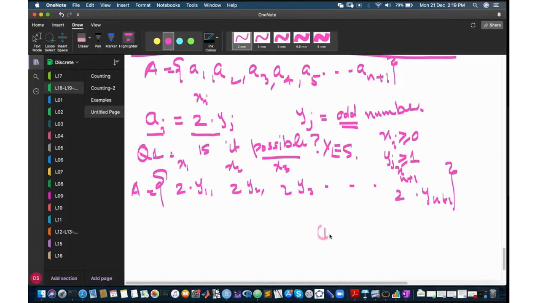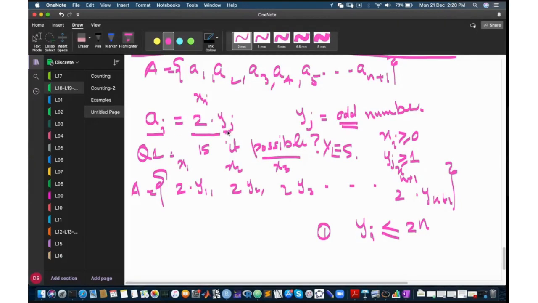First thing to note is that all of these yi's must be less than or equal to 2n. Since all of these numbers are less than 2 to the n, they cannot be written as a product of integers where one of them is more than 2 to the n.